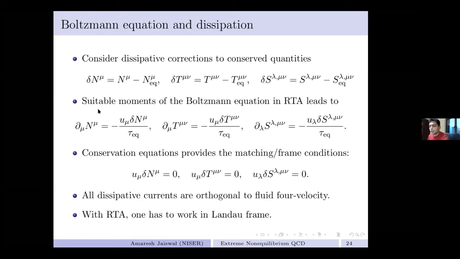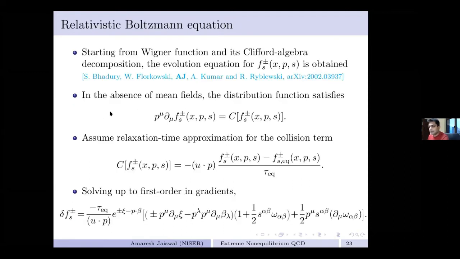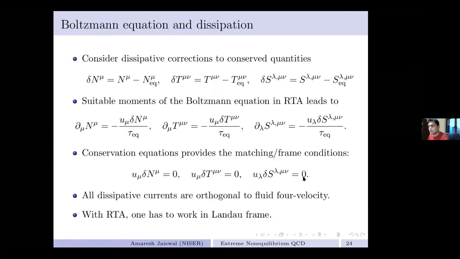Now, in RTA, where the collision kernel is given in this simple form, one can take suitable moments of the Boltzmann equation. Moments mean that we weigh with certain quantities and then integrate over ds and dp. What we see is that the zeroth moment in momenta leads to the conservation of N^mu.